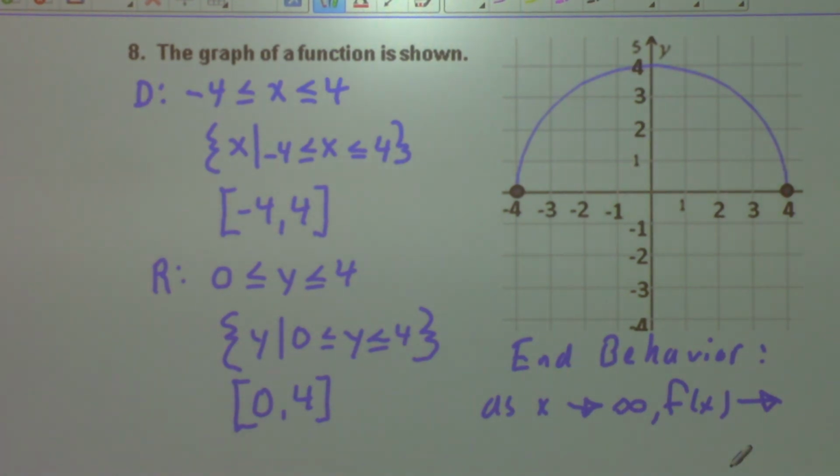Approaches 4. What did you say? What would you say as x approaches infinity? Does x approach infinity? No, it doesn't.